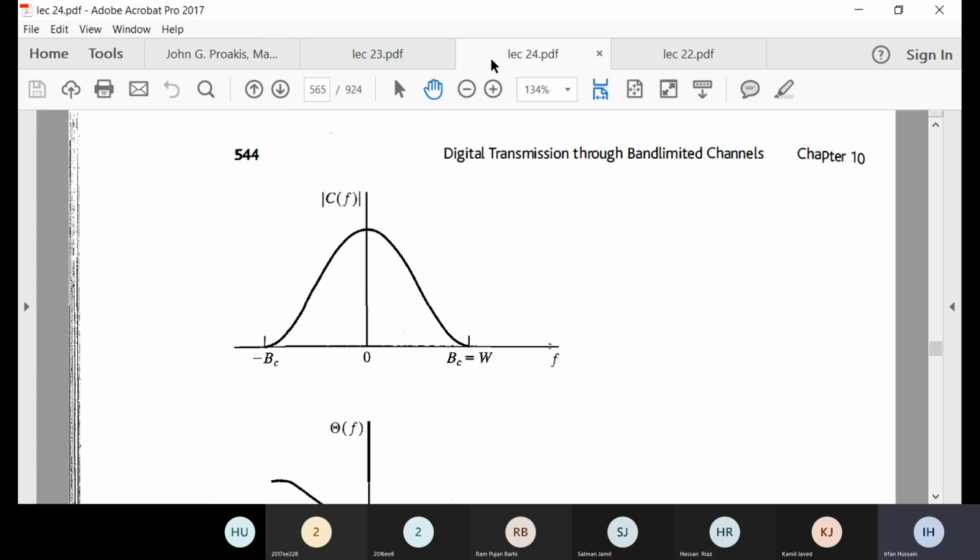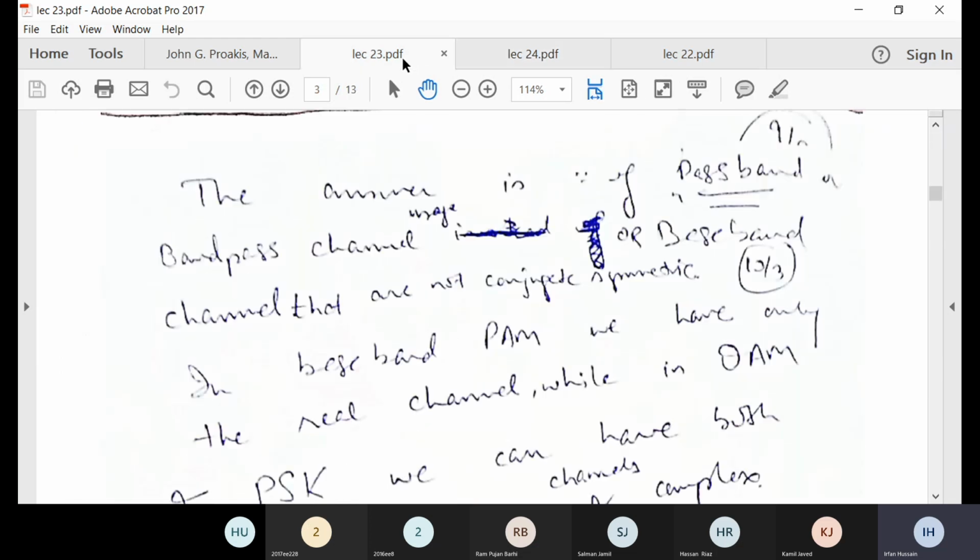So once H is real, no problem. If you have conjugate symmetry, you have real channel coefficients, then H conjugate will give you the same H. It will exactly match with our H of chapter 8.